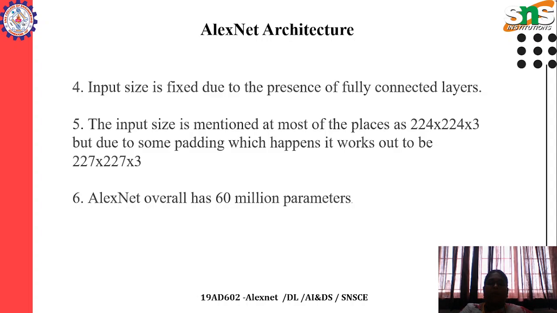At most we have 224 x 224 x 3 as the input size of the convolutional network, but due to padding, it works out to be 227 x 227 x 3. This is the fixed input size of the AlexNet architecture. Overall AlexNet has 60 million parameters.